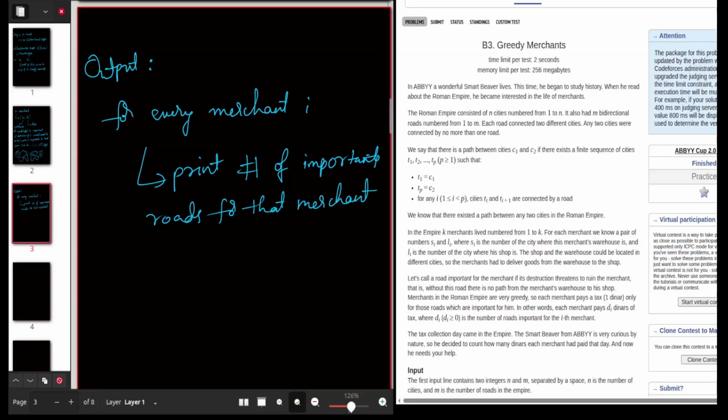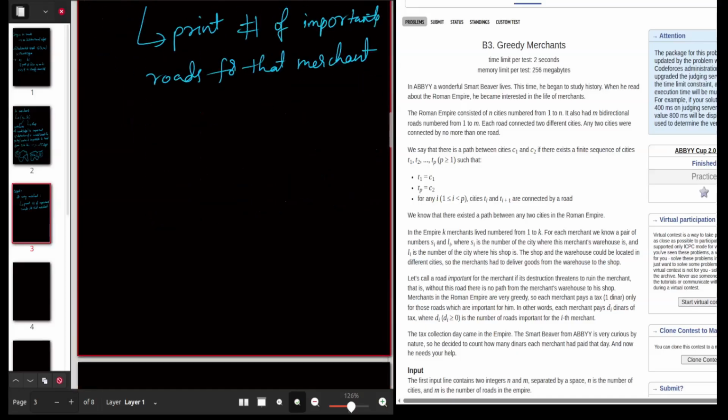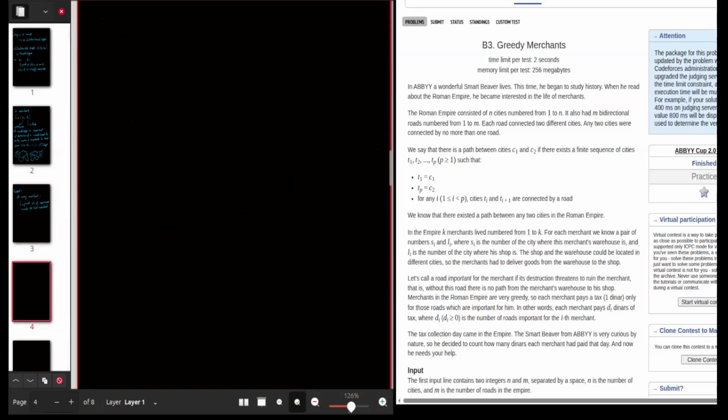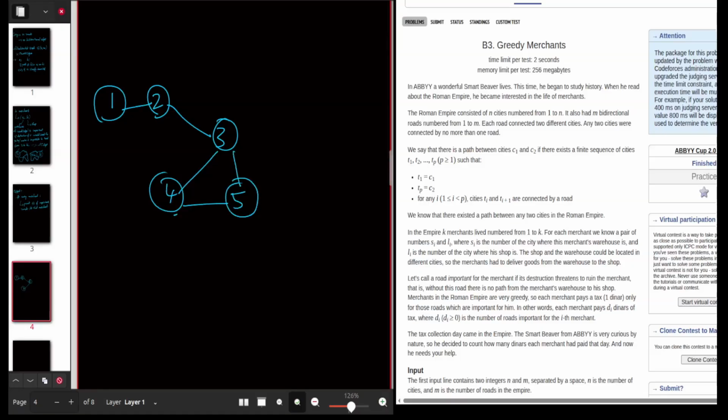If we look at the example, you can see it on the right. The graph looks like this. You can say that this graph G with 7 nodes and 8 edges is connected.